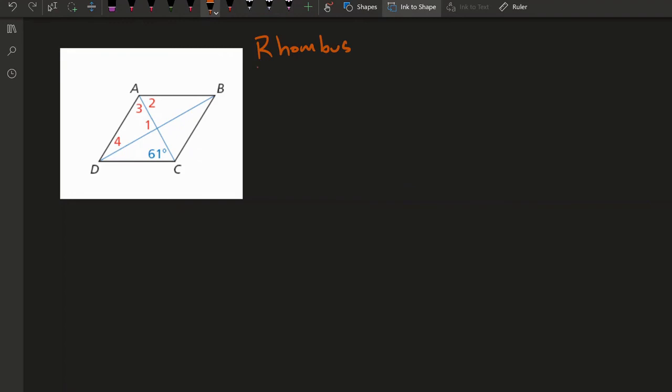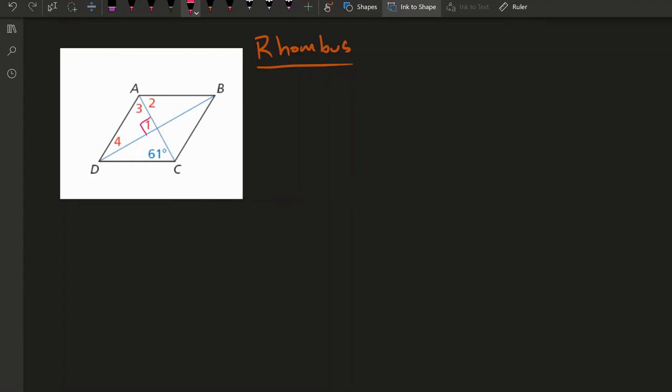Cut off the directions there. All you need to know is that we're looking for angles 1, 2, 3, and 4 because it's a rhombus. So first thing that I know is that angle 1 has to be 90. Angle 1 has to be 90 because it's a rhombus and the diagonals are perpendicular.